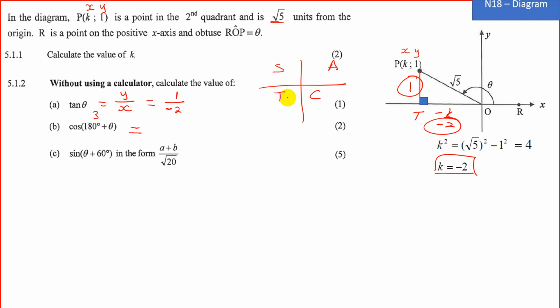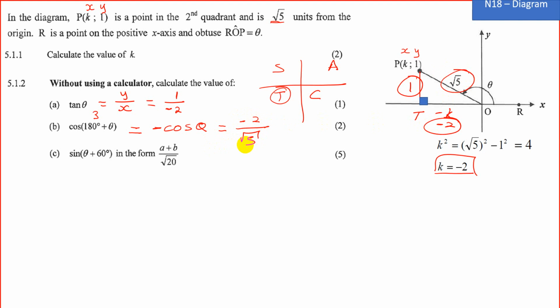So in our third quadrant, 180 plus, you'll notice only tan is positive, so cos would be negative. So we end up using the reduction formula, minus cos theta. And remember, by definition, that cos is x over r. So we want to look for the x value, and if you look at the diagram, your x value is negative 2 over r, and your radius here is root 5.